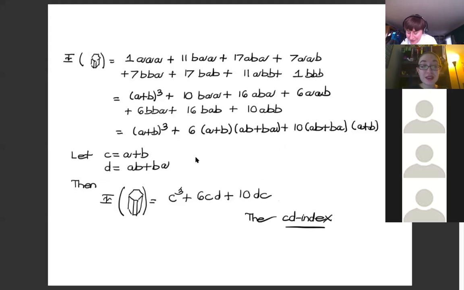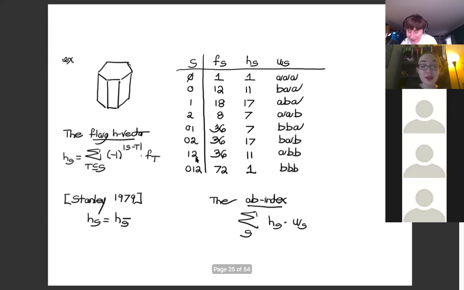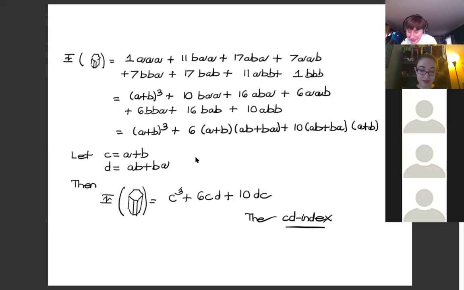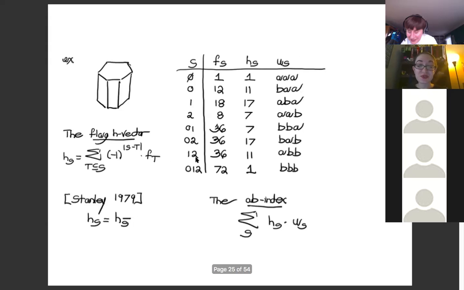Okay, so here we have the CD index. This one's working much better. Yes, so I was saying you can always go backwards by substituting. And what I didn't mention is that even going from these flag H, you can go back to the flag F entries. So for example, that entry F0, that 12, is equal to 11 plus 1.